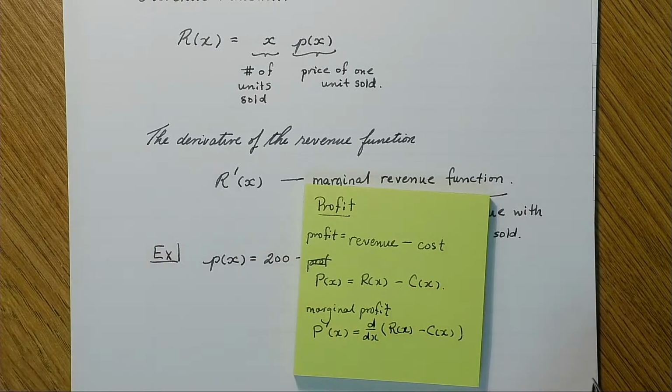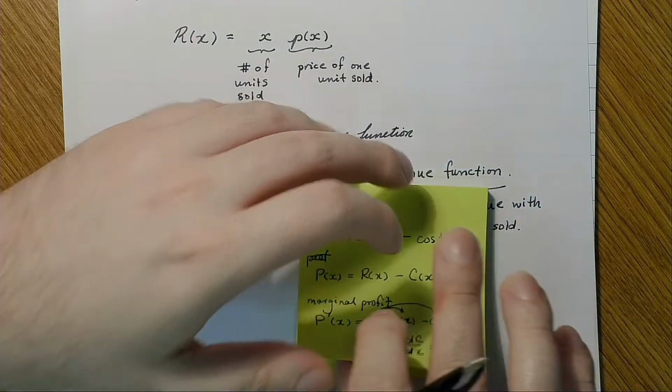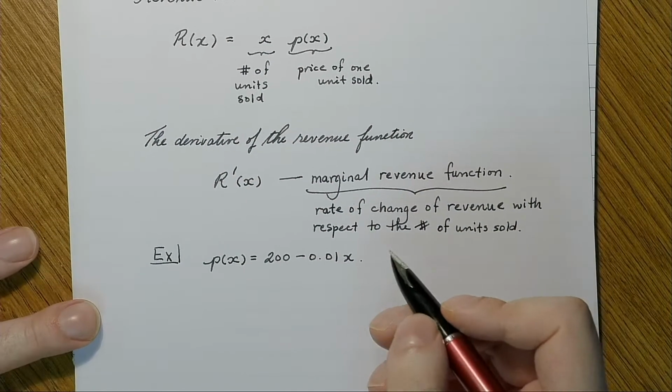And this is why I taught the sum rule in particular, so that you can see that, well, it's a difference of two functions, and I can apply that to each of these. And by the sum rule, it's just simply d of r over dx minus d of c over dx. Or some people may prefer to see it as r prime minus c prime. Okay, but that's where we're going to go. So this is the demand function.